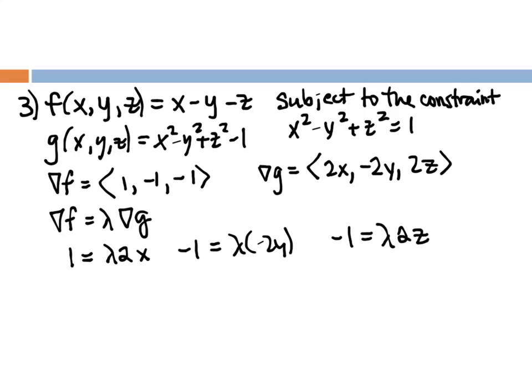And the goal is to eliminate lambda. So what I'm actually going to do is solve each of the equations for lambda, okay? And we're going to recognize a fact at that point.